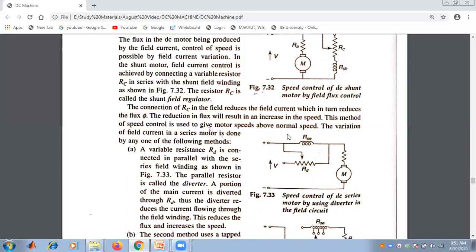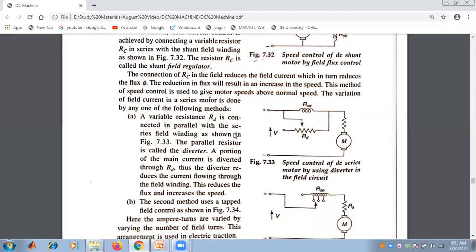The reduction in flux will result in an increase in speed, as speed is inversely proportional to flux. So this method of speed control is used to give motor speed above the normal speed.